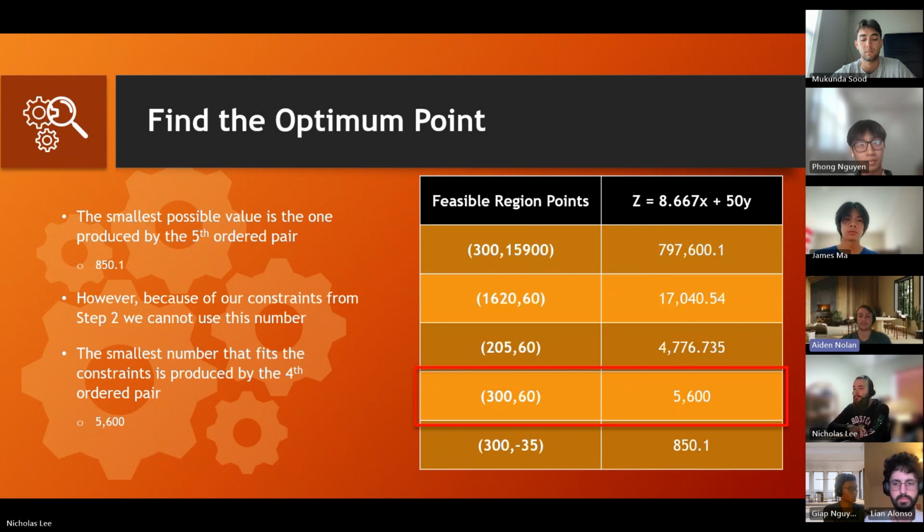Now we find which has the lowest output, which means it has the lowest cost for that production, which we found to be 850. However, because the Y production was negative, which is impossible, we ignore that point and go to the next best, which is 5,600 with the units 300,000 for X and 60,000 for Y, with an actual production cost of 5,600.